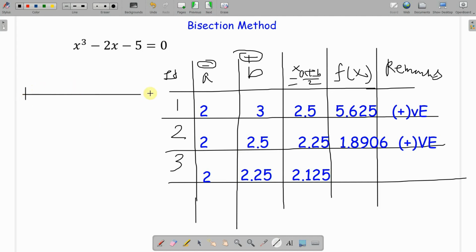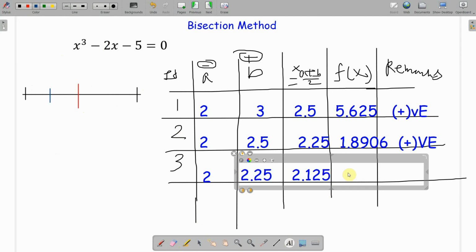First one is 2 and 3, then in between them you will have 2.5, so the next one will be 2.125, right? The diagram is necessary for your sake. So I was saying, is 2.125 coming positive or negative? Positive, sir. So it's coming positive, I'm not writing the value.